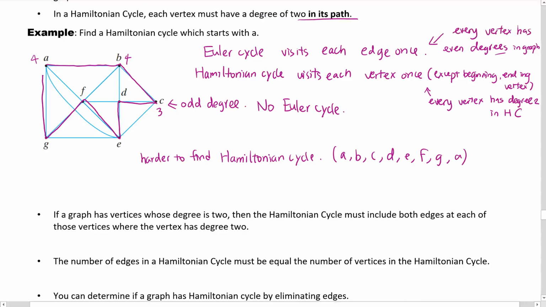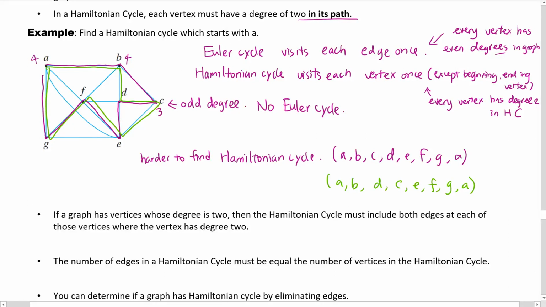For example, A, B, D, C, E, F, G, A is another Hamiltonian cycle. So far so good, everybody?